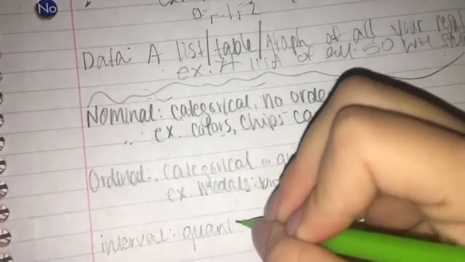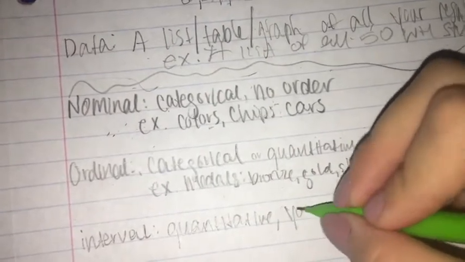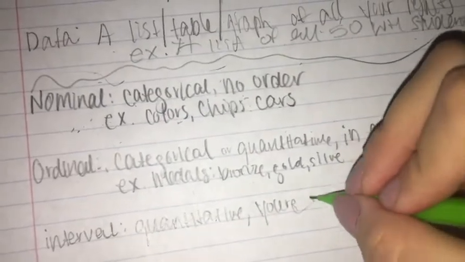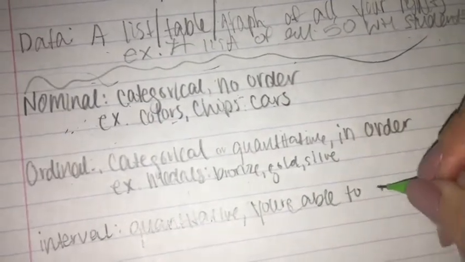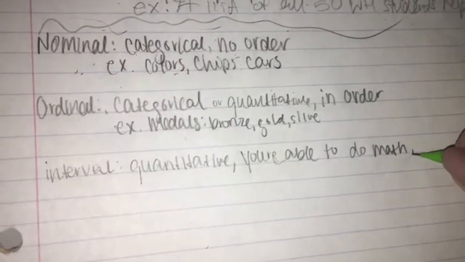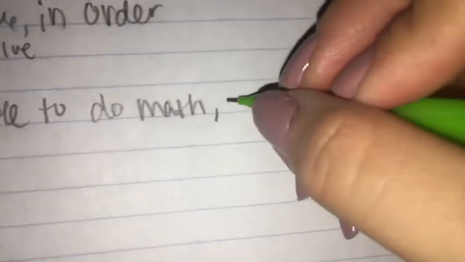And then after ordinal, you're going to have your interval. This is one that's quantitative, and you can do math with your data. So you're able to find differences. Another thing that helps me identify interval is that 0 is not your starting point.